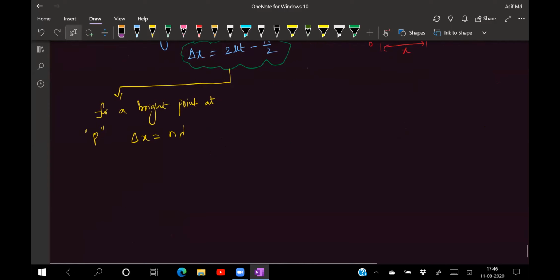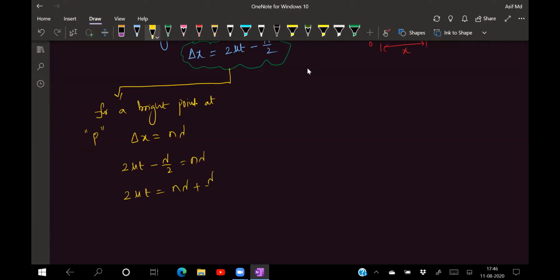So delta x is 2 mu t minus lambda by 2 equals n lambda. Taking minus lambda by 2 to the other side, 2 mu t equals n lambda plus lambda by 2. Lambda is common, so it is n plus 1 by 2 lambda. That is nothing but 2 mu t.